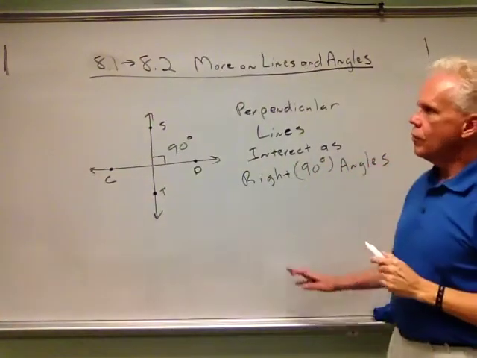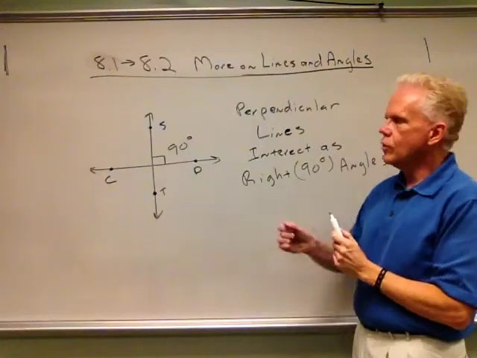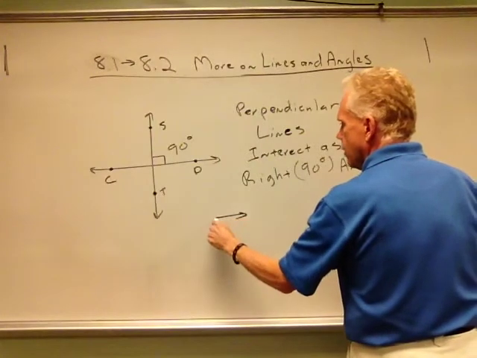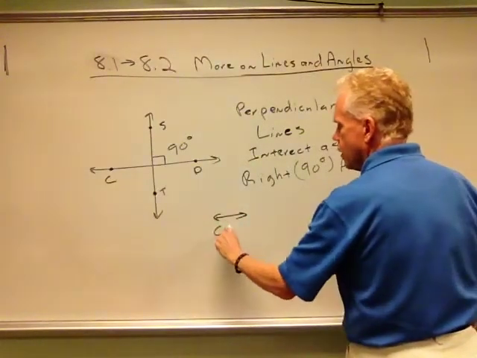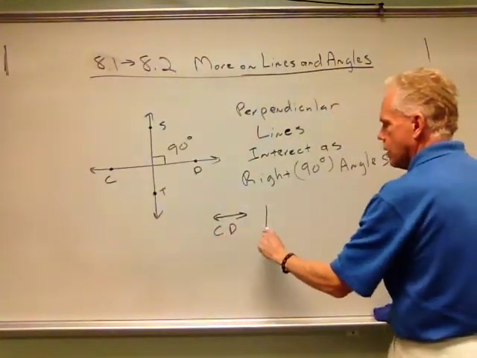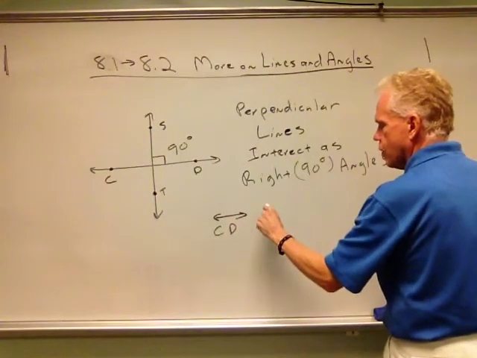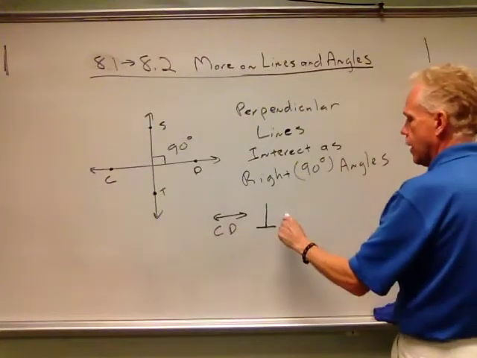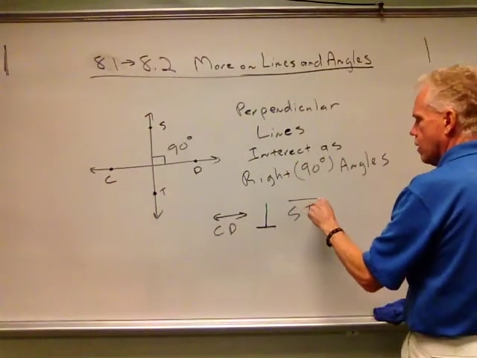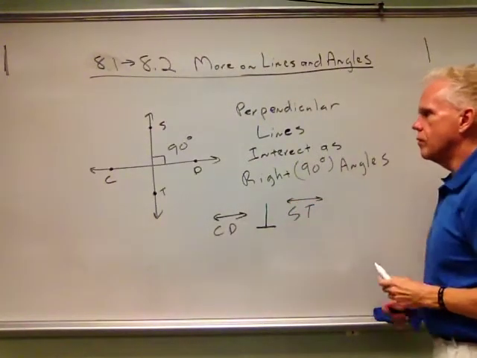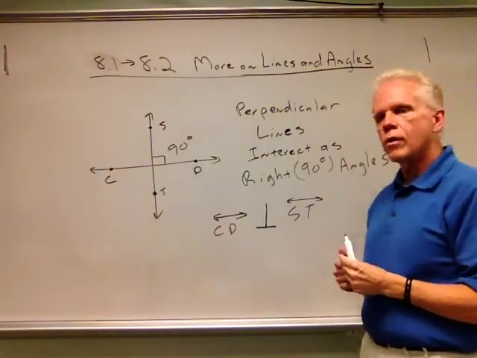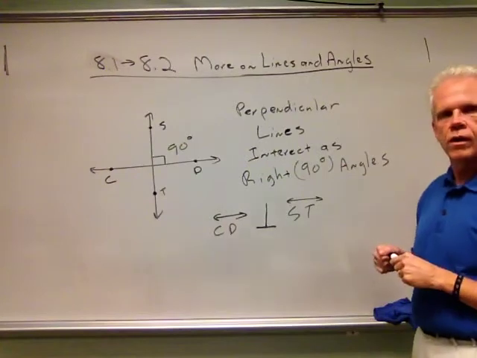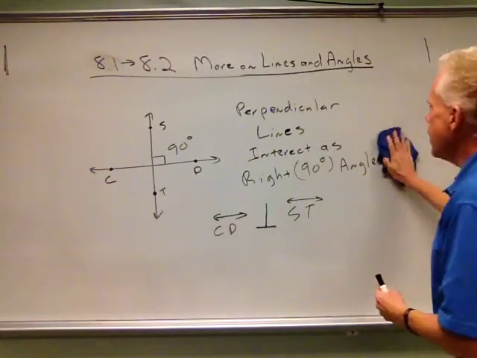The way we would write that up, we would say line CD is perpendicular to, that's my symbol for perpendicular, line ST, with the line symbol over the top of that. So those are perpendicular lines.